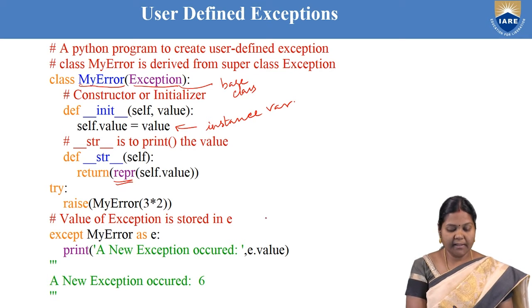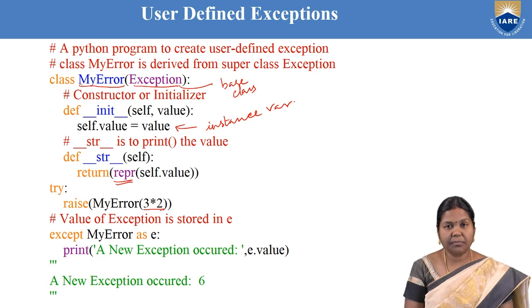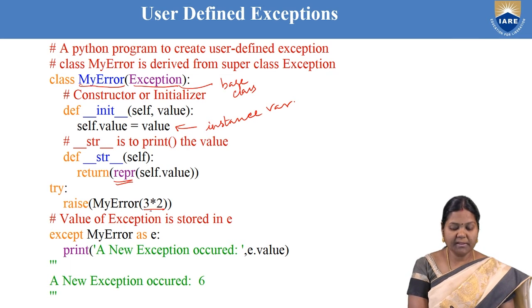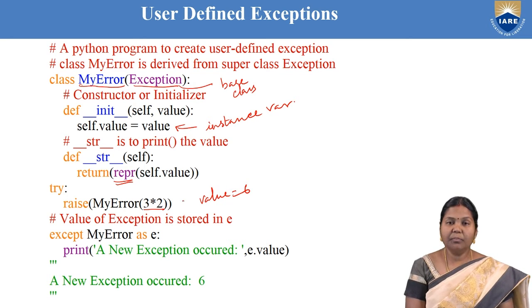So, try: raise MyError. Whenever this class gets executed and there is any mistake, the exception will be raised. You are passing a value, 3 into 6, so the value is 6. This value will be initialized using the __init__ method, and then it will be displayed.